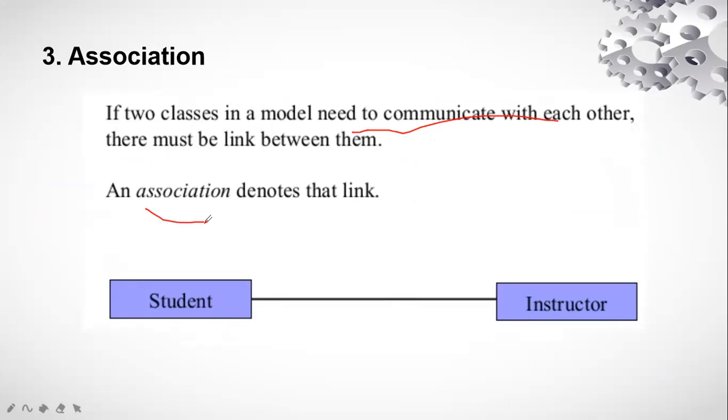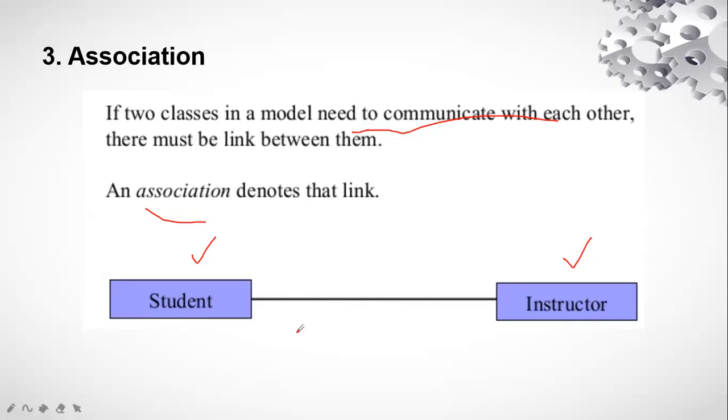That is called association. If I say there is a class student and an instructor, there should be a link. Obviously, they need to have a communication point. Instructor is going to teach the student, and student is going to learn from the instructor. So this is the communication point, and this is the link.